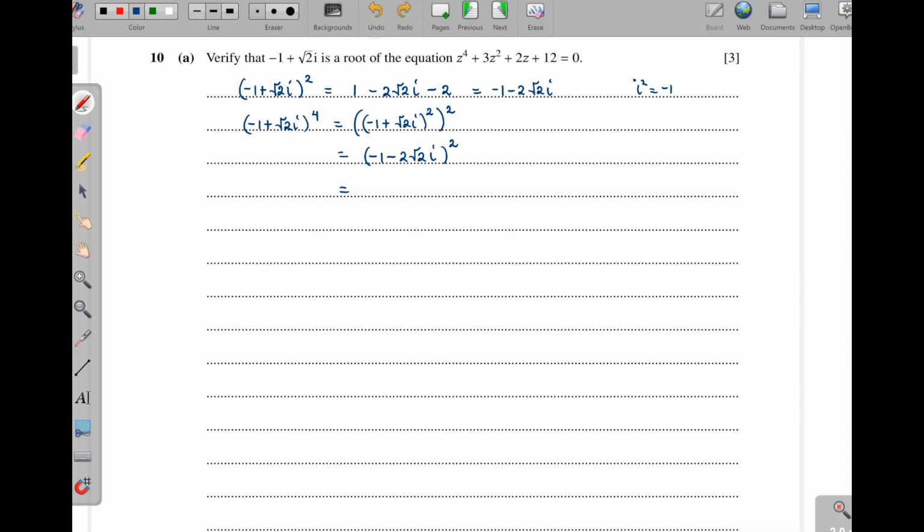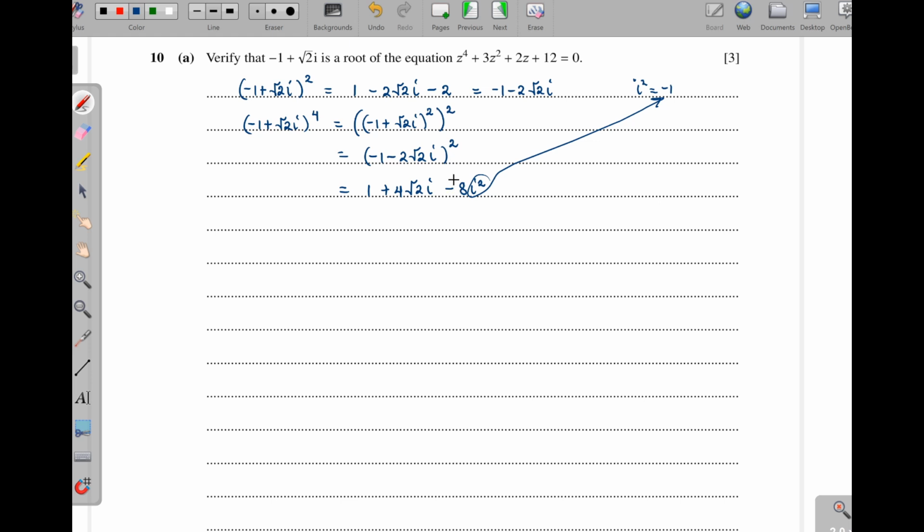So square this negative 1, you get a 1, then 2 times this times that will be a positive 4 root 2i, then square this one here, you will get 4 times 2, that will be 8. Then there will be i squared, but i squared, like we said, is negative 1.